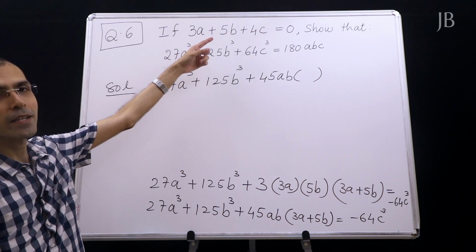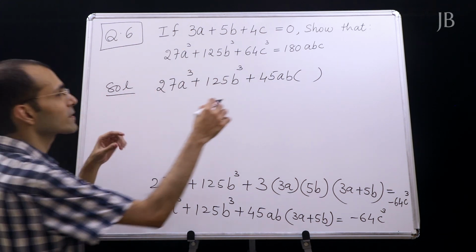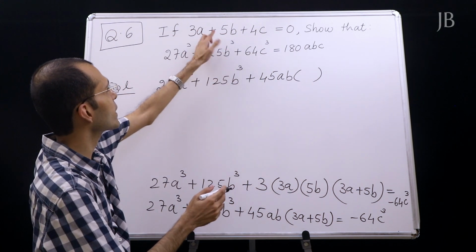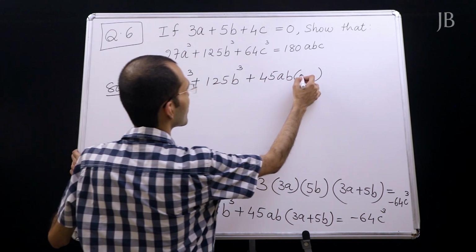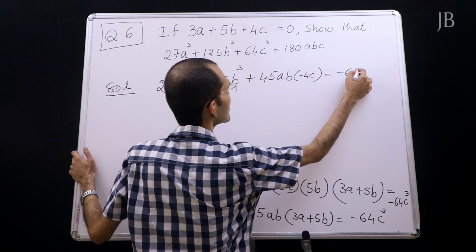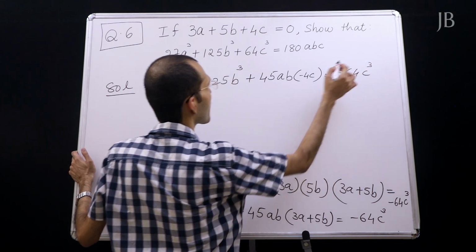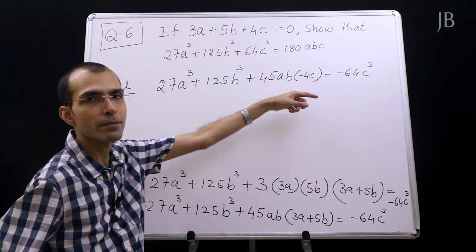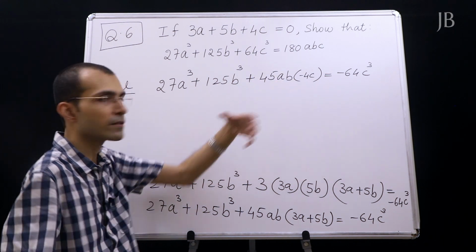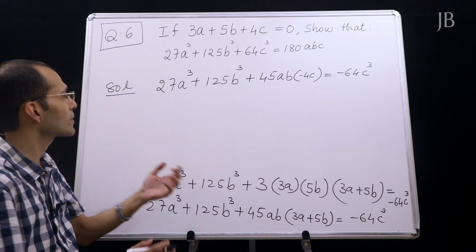What is 3a plus 5b now? Minus 4c, because 3a plus 5b plus 4c is 0. So 3a plus 5b will be minus 4c. So this will come into minus 4c is equaling minus 64c cube. Beware, you will have to put the brackets because it is multiplication. If you do not put the bracket and if you write minus 4c, the meaning will totally change.